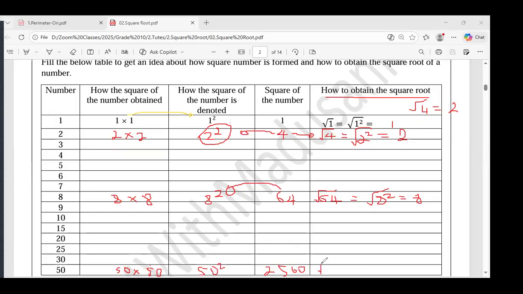Then you are going to take the square root of 2500. So 2500 can be written down as 50 to the power 2. The square root of 50 to the power 2 is 50.